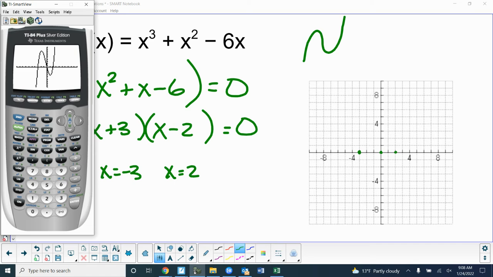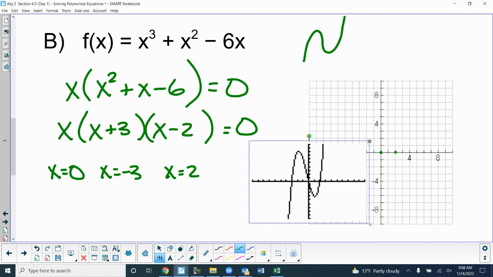Just like we predicted, right? Okay? So that's what we thought it was going to look like. And it does.